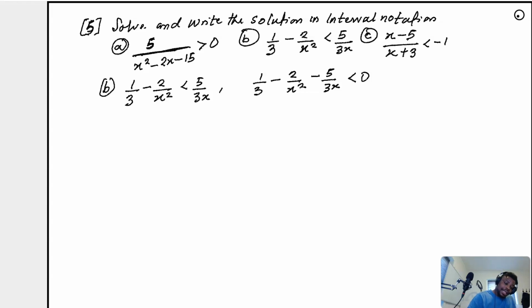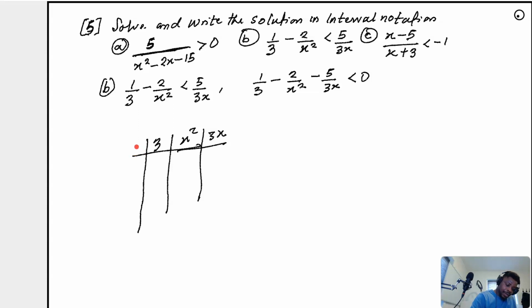Then the next thing is, what is the LCM of 3x squared and 3x? In case you don't know how to get the LCM, I will explain. Just write 3x squared and 3x. What can go here? 3 here, 3 here, 1, and this is x.